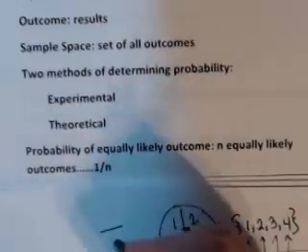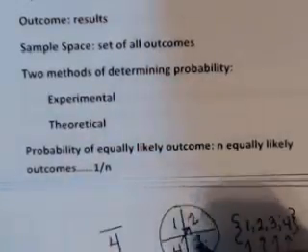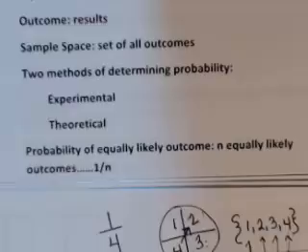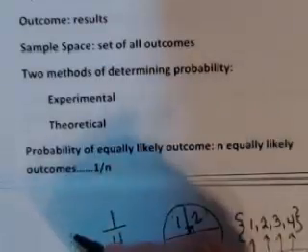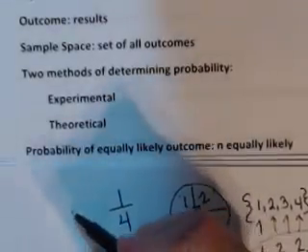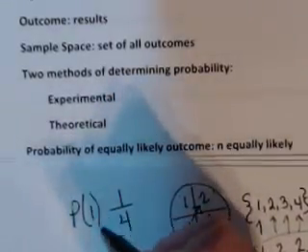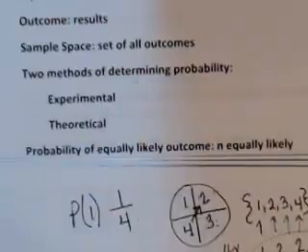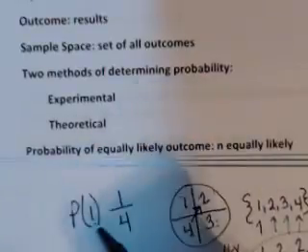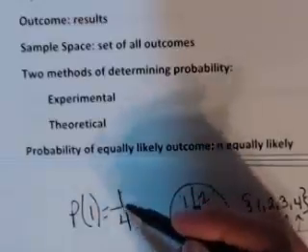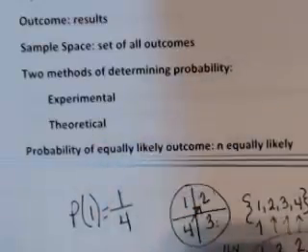So we could have 4 different outcomes, and each one has the probability or is equally likely to occur. So the way I write that would be, I would say the probability of spinning a spinner and landing on a 1 would be 1 out of 4.